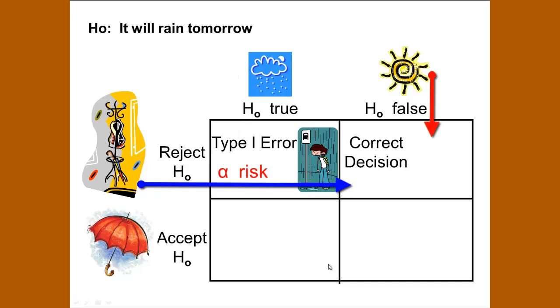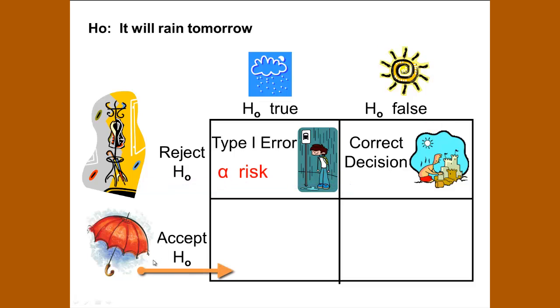If we assume the statement is false, and it indeed is false, and it does not rain, then we've made a correct decision. The sun is shining, we left the umbrella at home, and we can build castles in the sand. Now, the other option is for us to accept that it will rain tomorrow.